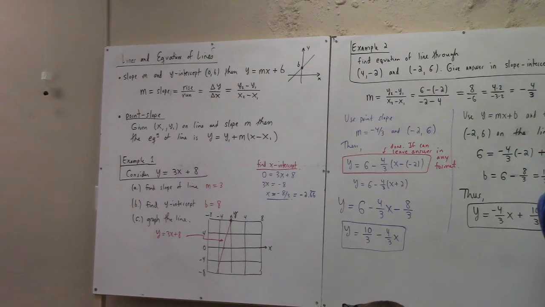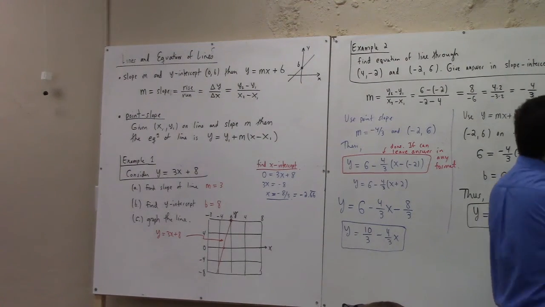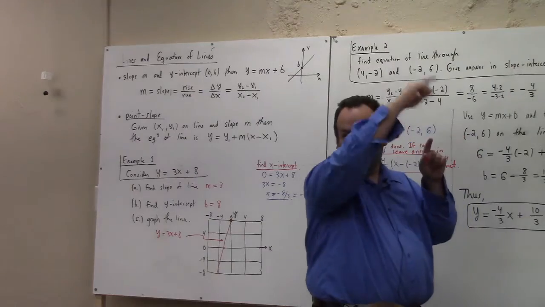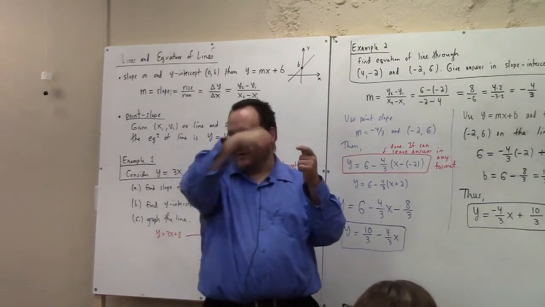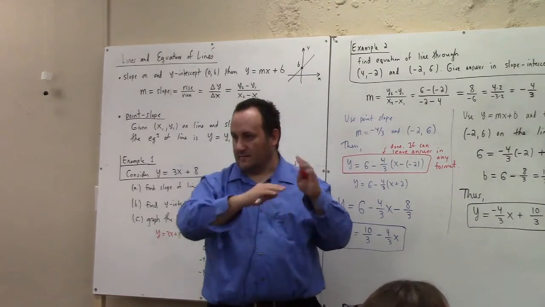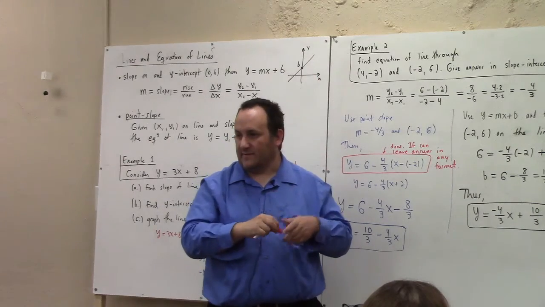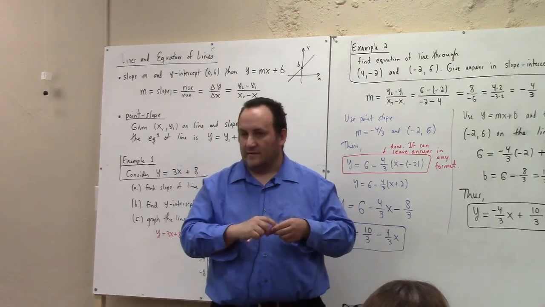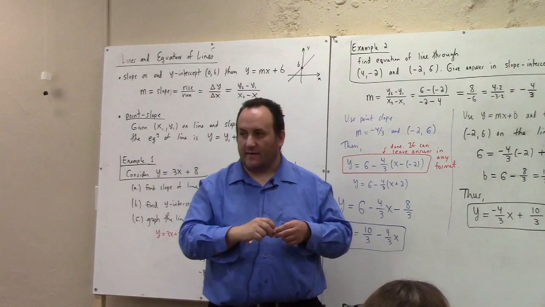You don't have to graph all this if you don't want to, but you can imagine stacking these little triangles and going over 1, up 3, over 1, up 3, over 1, up 3, or back 1, down 3, back 1, down 3, and you can build the line like that, right? Especially if you have graph paper, this is actually how a lot of people think about graphing lines.